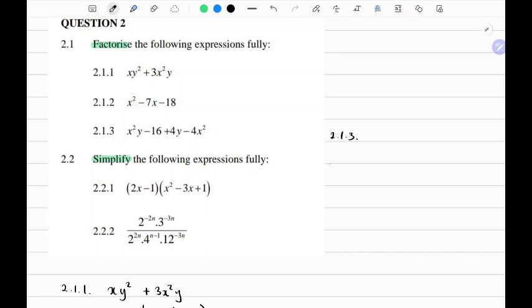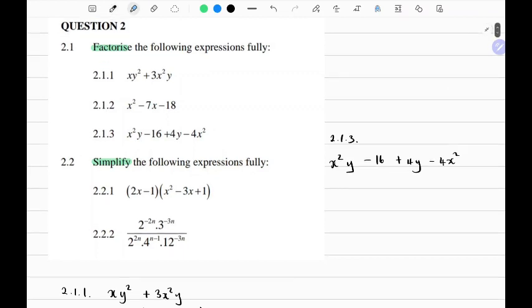So 2.1.3, we have, just going to do it down the side, x squared y minus 16 plus 4y minus 4x squared. So this expression has 1, 2, 3, 4 terms. So we can rearrange these terms so that we align like terms.